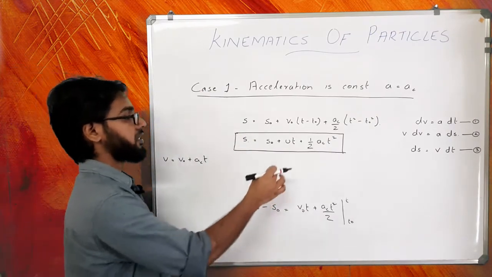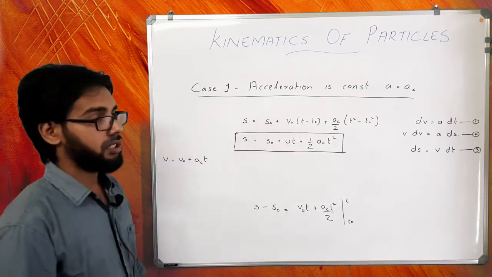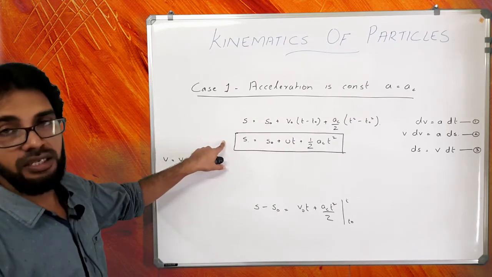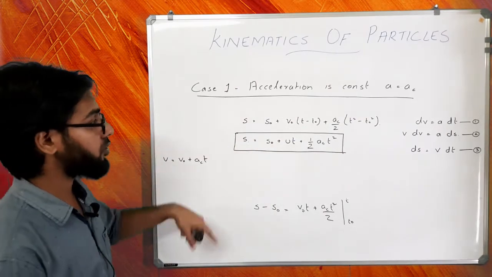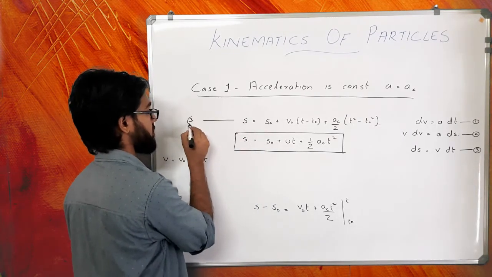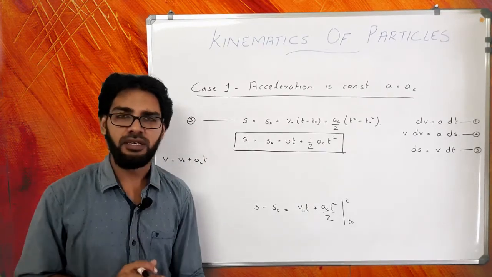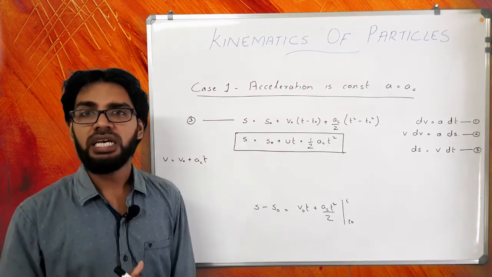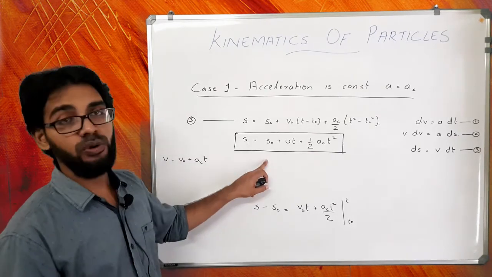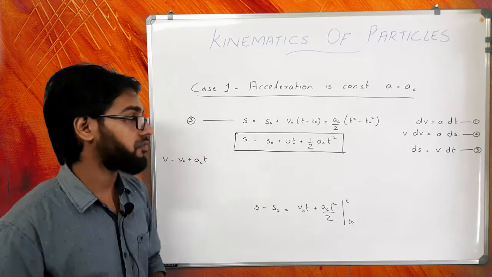So I have represented v0 as u here. This equation you must have studied in earlier classes, but I would request all students to study this equation instead of this. In any of these cases, it is better, let me advise you, if you do not study this equation directly, but you start with the basics of the equation.